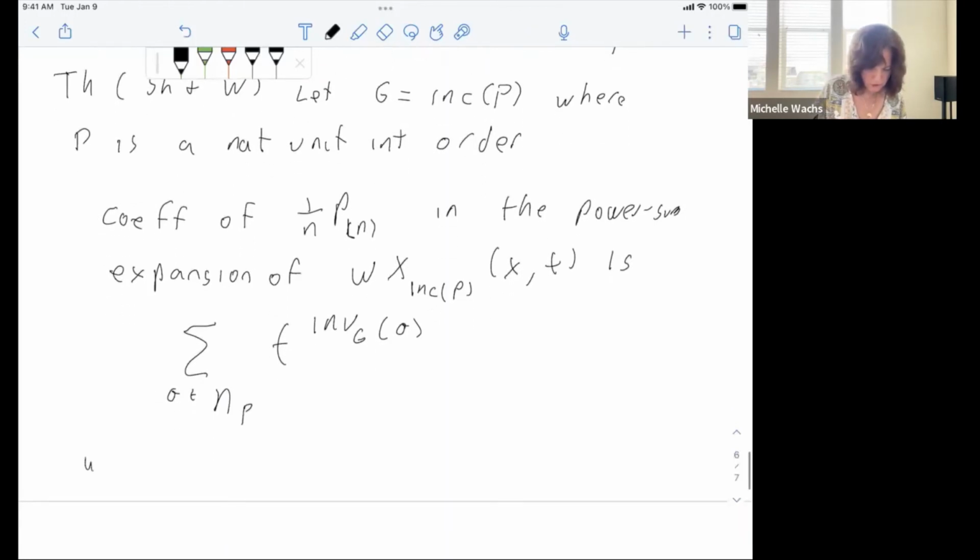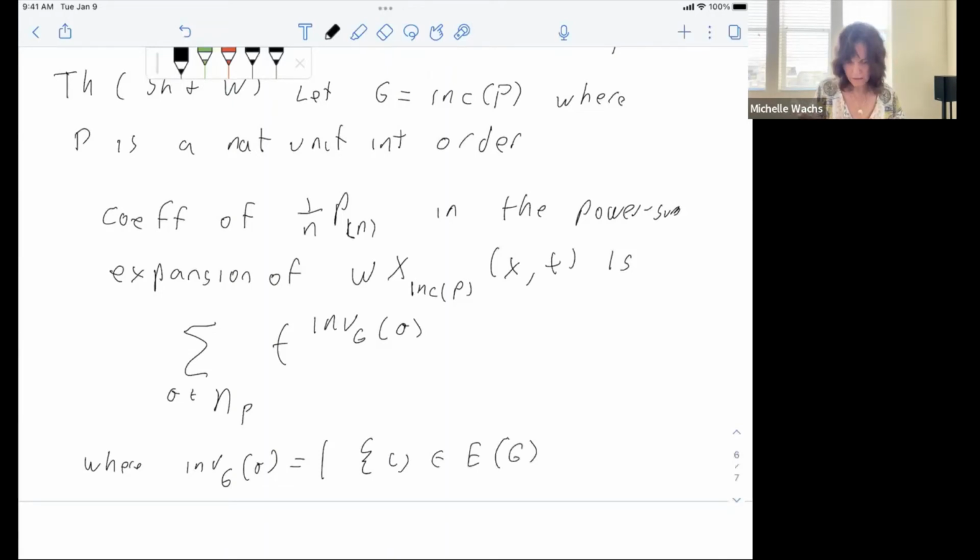And a G inversion is a regular inversion that forms an edge of the graph. So that gives a combinatorial description of the coefficient of 1 over n P_n.